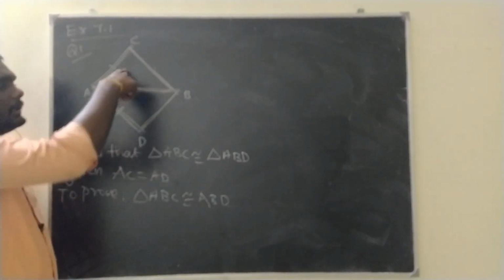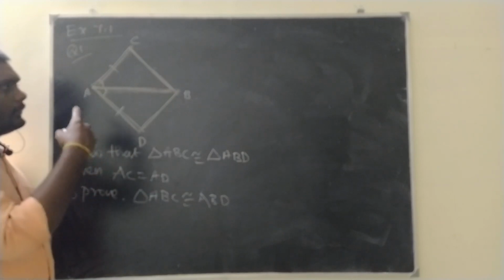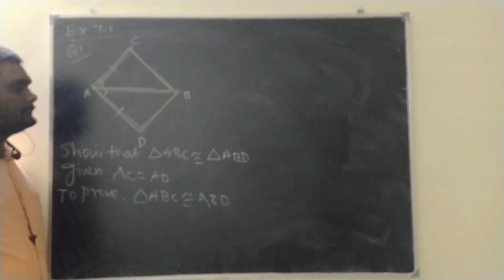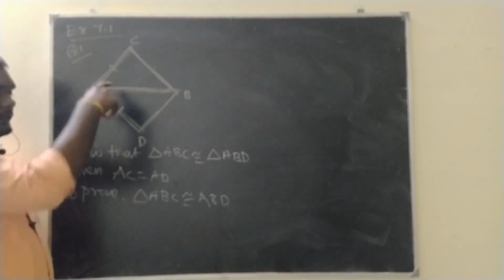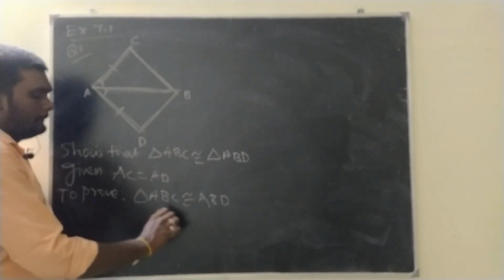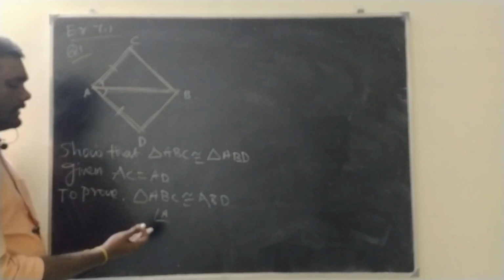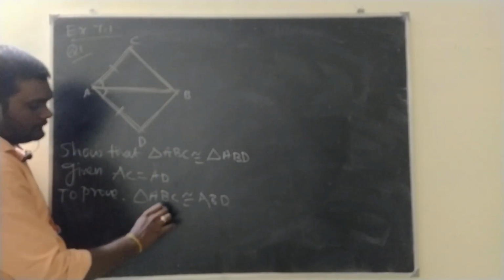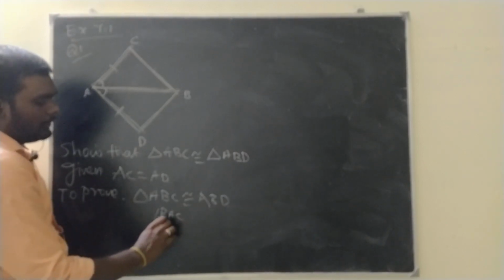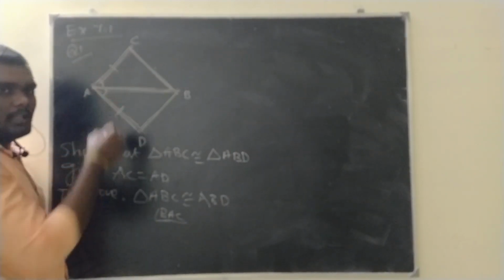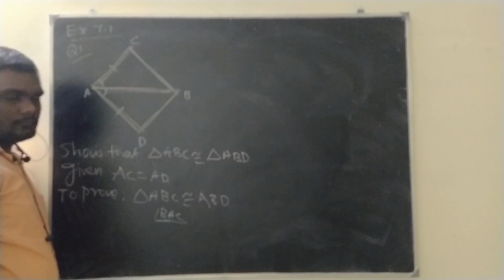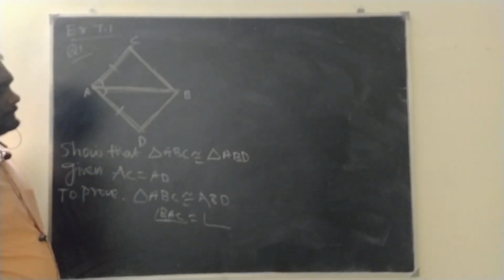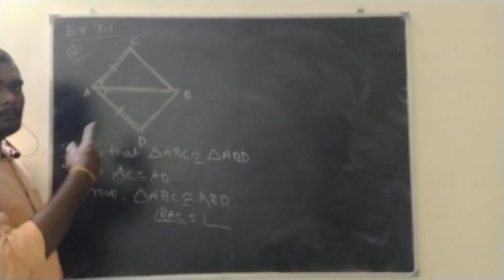So in these two triangles, what are the things that are common or equal? As this angle A is bisected, shall we write simply angle A or BAC? Angle BAC. If you write simply angle A, that denotes the full angle. For this triangle it is BAC, that is equal to angle BAD.